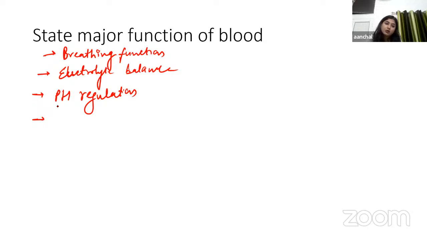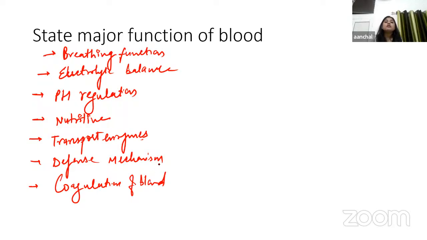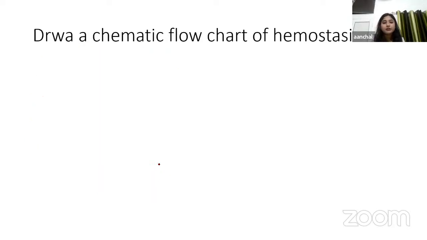Then the nutritive function, as it transports various hormones and enzymes. Then the defense mechanism with the help of WBC. Then also coagulation of blood. So this is all about the major functions performed by blood.